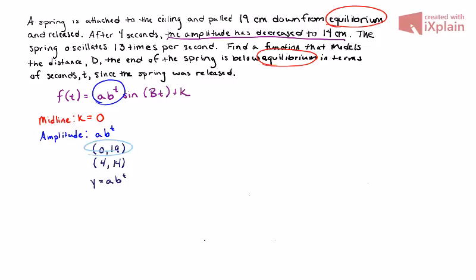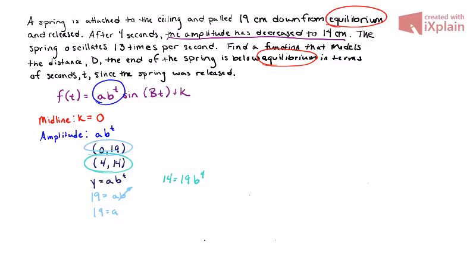I'm going to put 19 for my output: a times b raised to the 0. b to the 0 is just 1, so I automatically reveal that a is 19, and I can go back and use my second coordinate point. This time I will say 14 is equal to 19 times b raised to the 4th power.